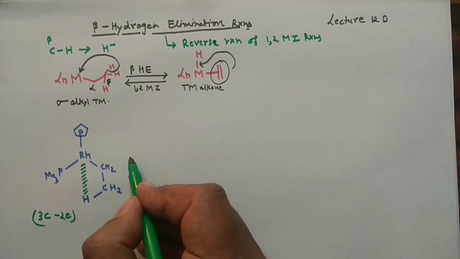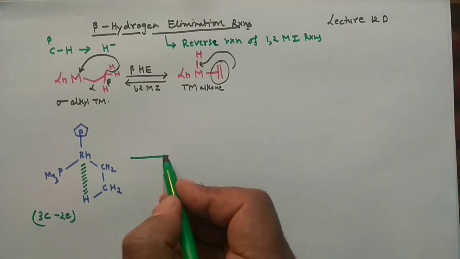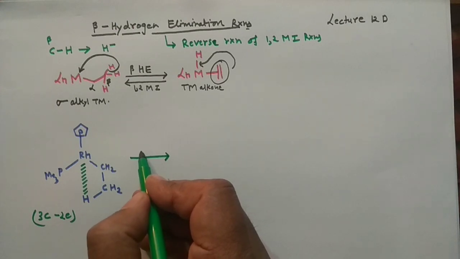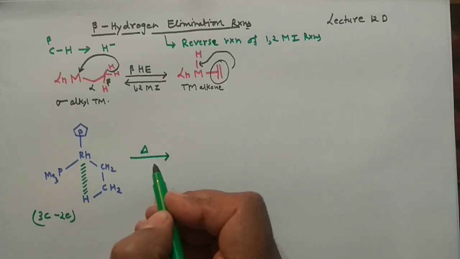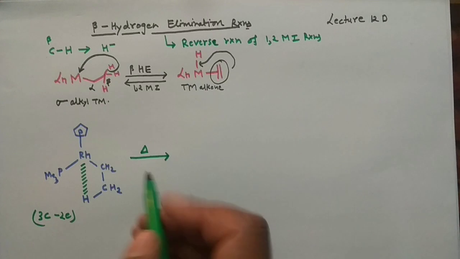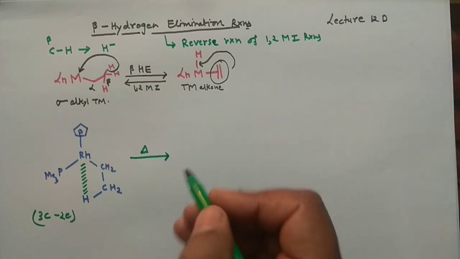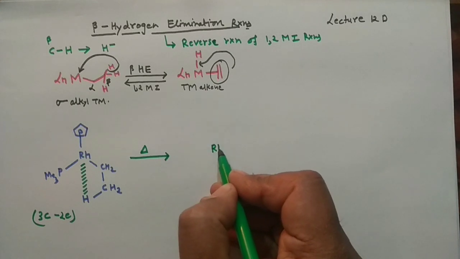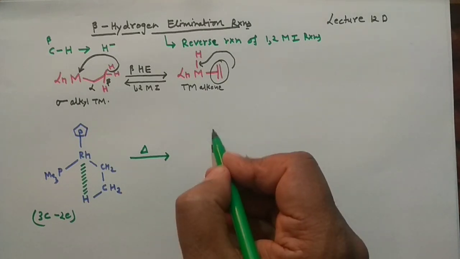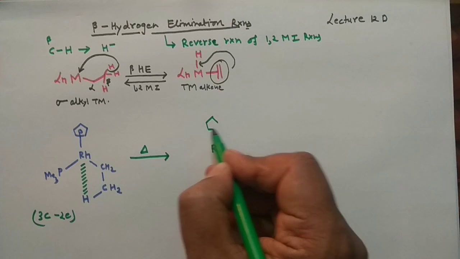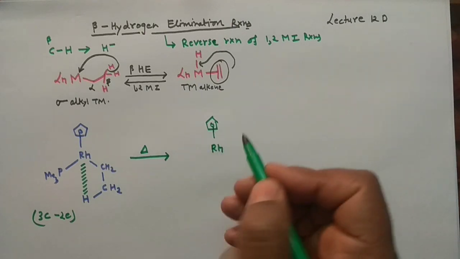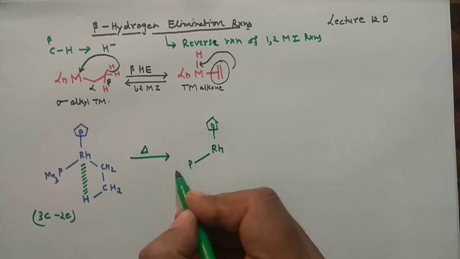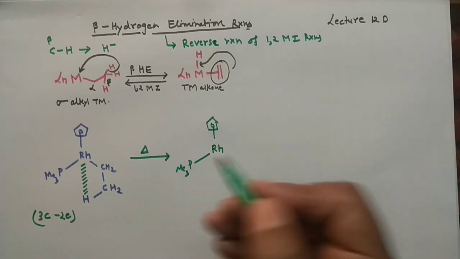And if you do the reaction, what will happen? Generally these reactions are initiated by supplying heat, right? So in that case, you will have the product. Rhodium would be just like that, okay? And this is your cyclopentadienyl as ligand, and this is your PMe3, no problem in that.